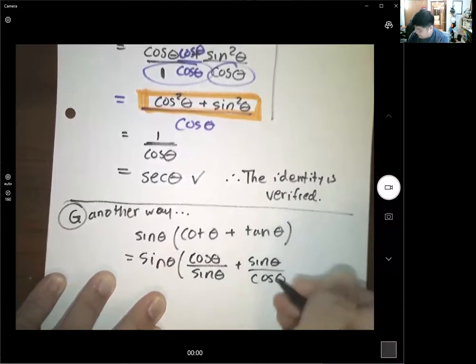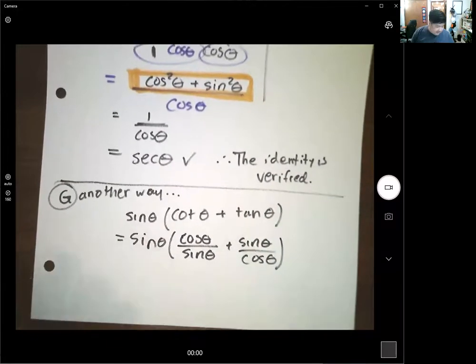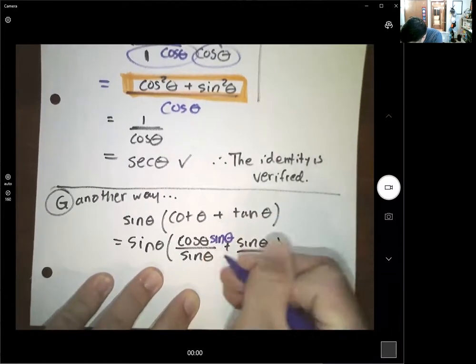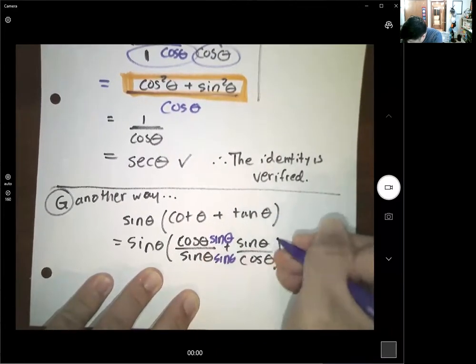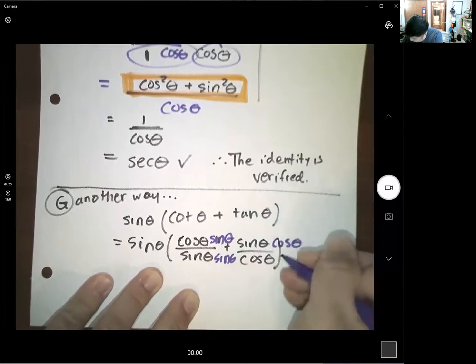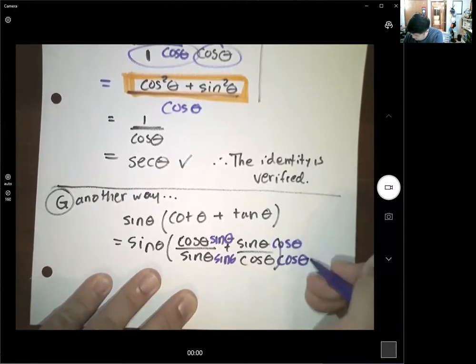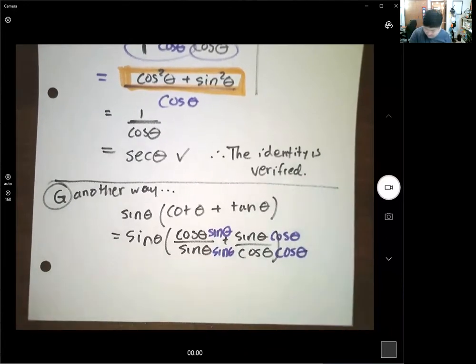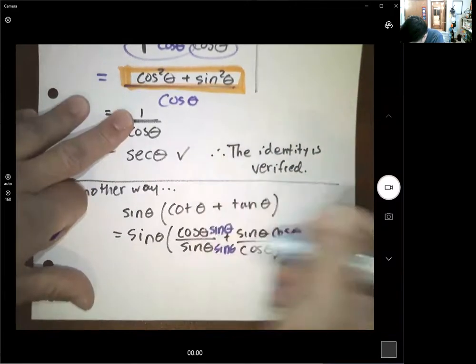I could have actually found the common denominator on the inside first. So sine of theta over sine of theta, and then cosine of theta over cosine of theta. Sorry, I wrote them on the wrong sides.